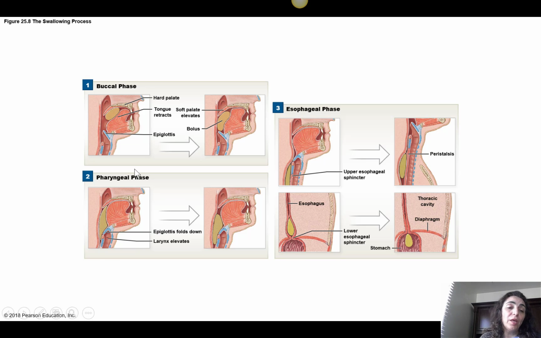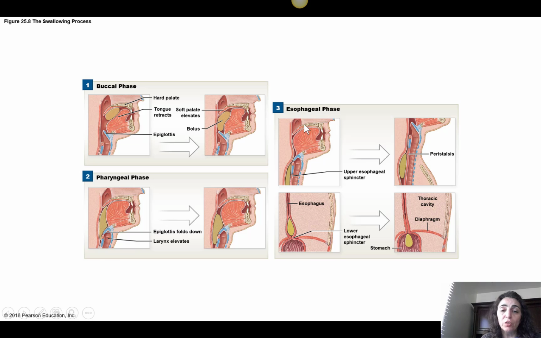Here you are looking at the three phases of swallowing. That's the buccal phase, where the food is still in the mouth. We are moving the food around with the help of the tongue and the chewing by the teeth, and then it starts going down. Then in the pharyngeal phase, the epiglottis gets closed here and closes the passage to the larynx, so that the food passes toward the posterior, that is the esophagus.